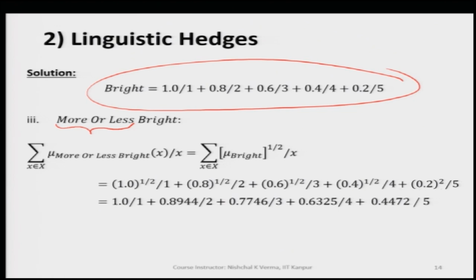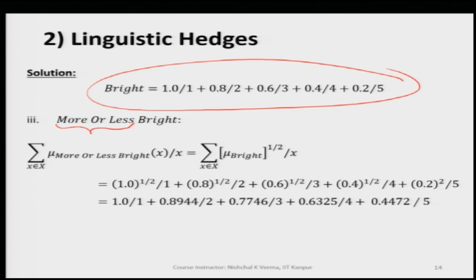More or less basically we get when we change its membership value, we dilate its membership value, in other words I would say. So, more or less means we, rather than squaring or raising the power, we are decreasing the power here. So, decreasing the power means we are taking the square root of the original membership value or membership function.